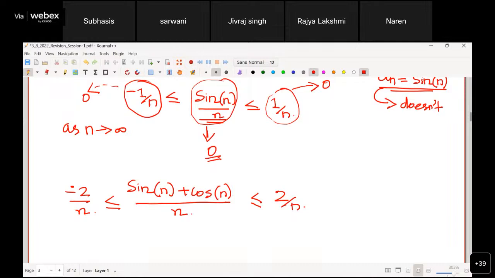What if they give tan n in place of sine or cos? With tan you can't use this trick, because tan x is not bounded. It depends on the exact sequence. Tan n by n? In that case, the sequence will most likely diverge towards infinity.